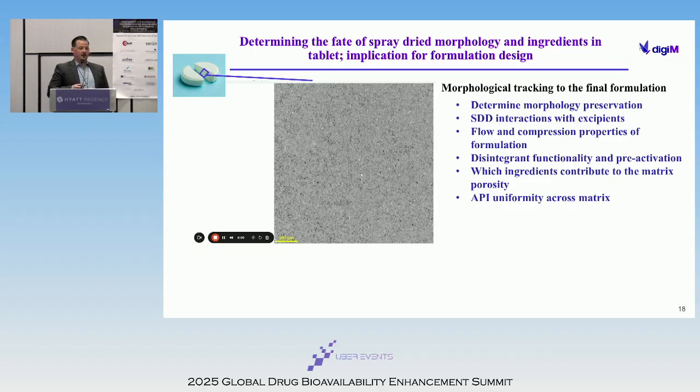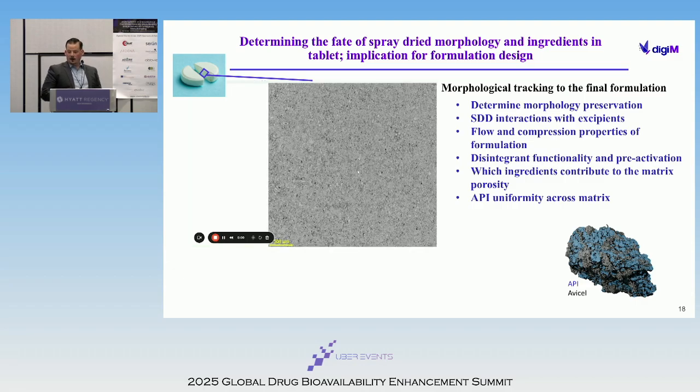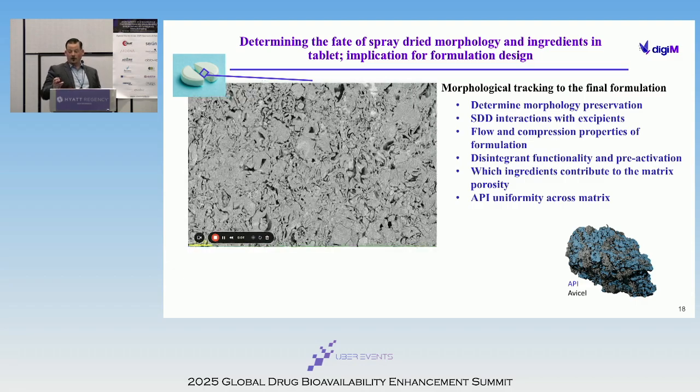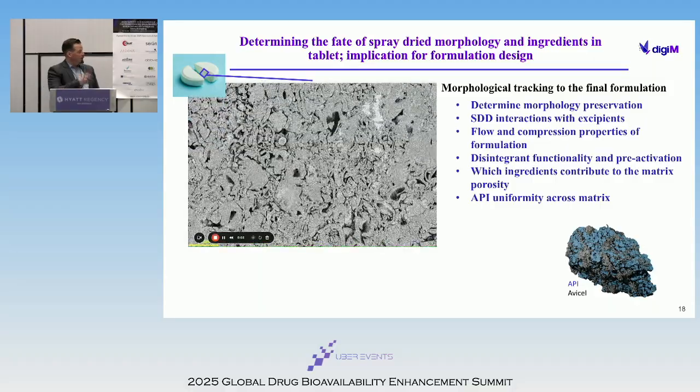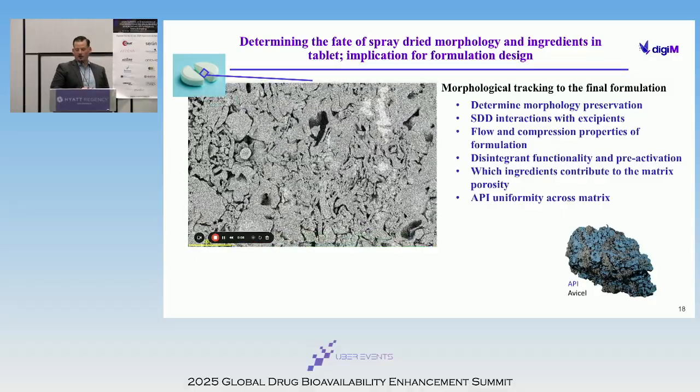And these techniques can all be adapted to follow these particles through the entire development process. So even before spray-dried particles, you can analyze crystalline drug substance. If you granulate, you can image your granules and do similar characterization, all the way to tracking the final fate of the particles in the tablet. So the movie that's playing here is another electron microscopy technique called mosaic field of view scanning electron microscopy.